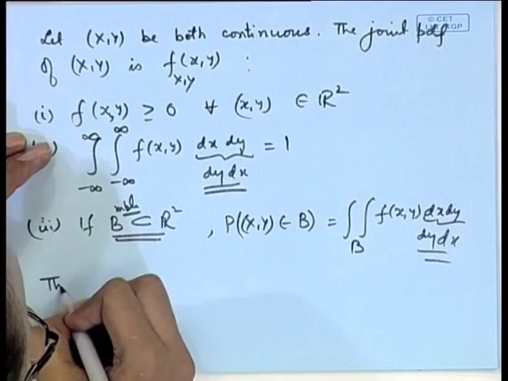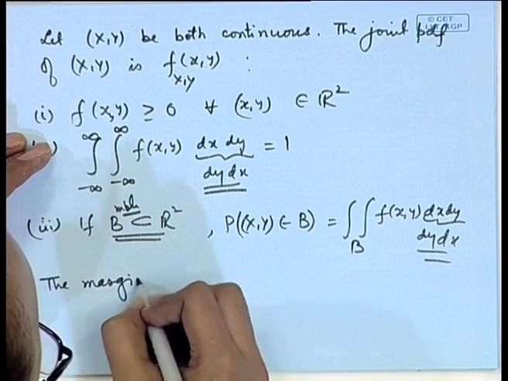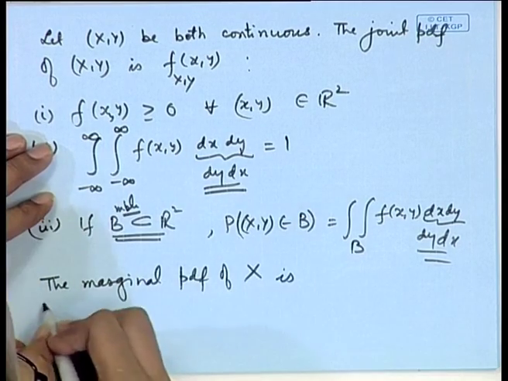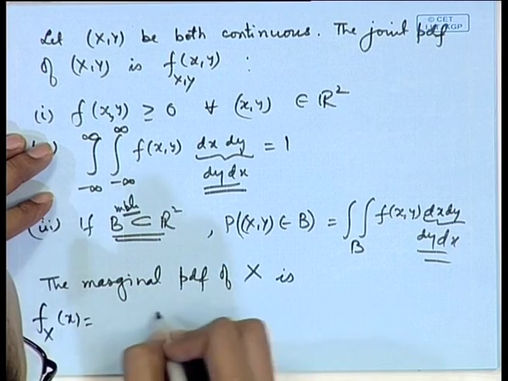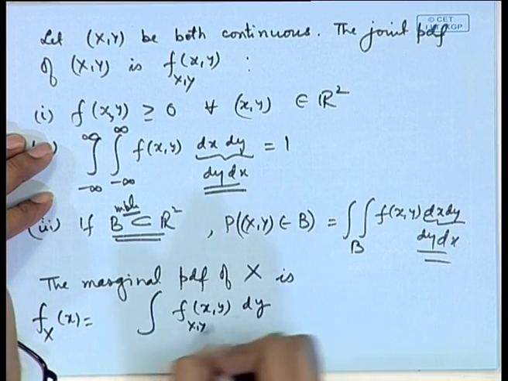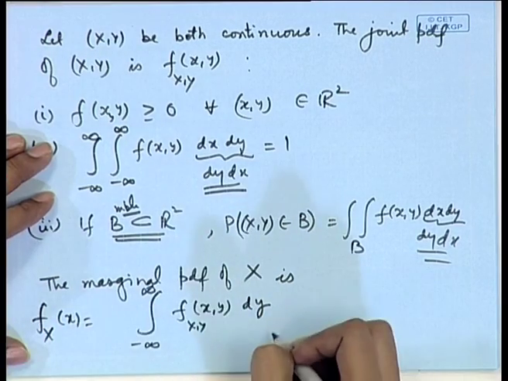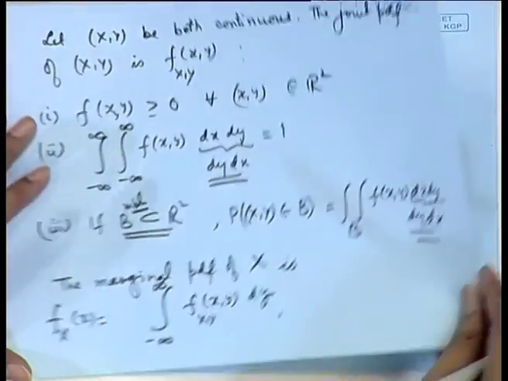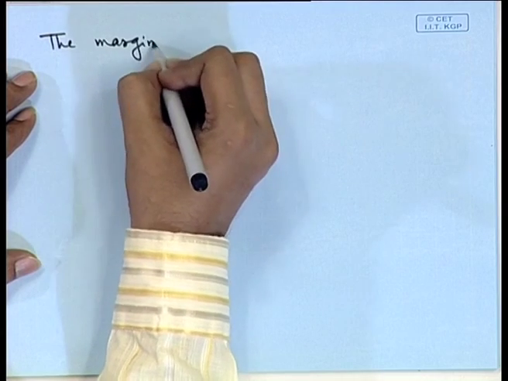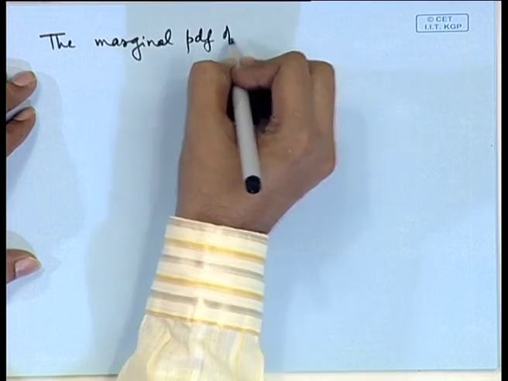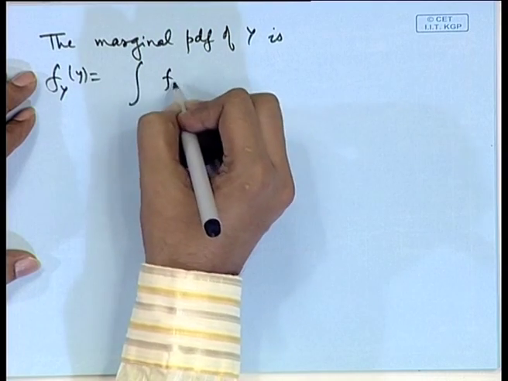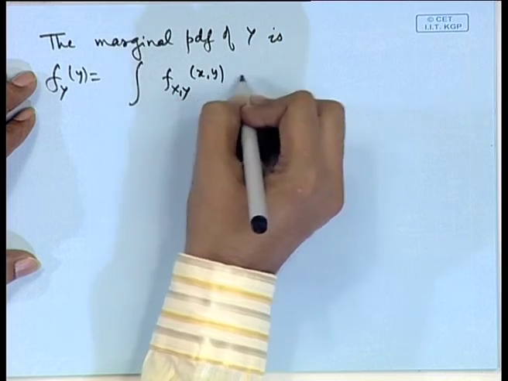So, the marginal distribution or marginal PDF of x, we will denote it by say f_X(x), is equal to the integral of f(x,y) with respect to y over the appropriate range. Similarly, the marginal PDF of y, f_Y(y), is equal to the integral of f(x,y) dx.